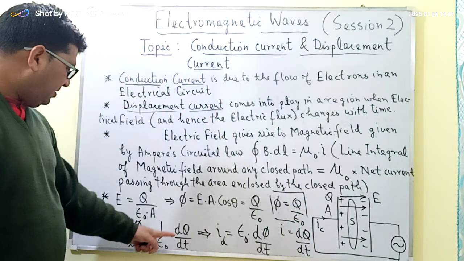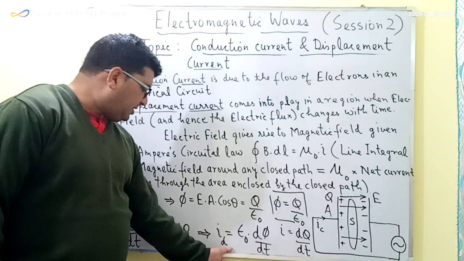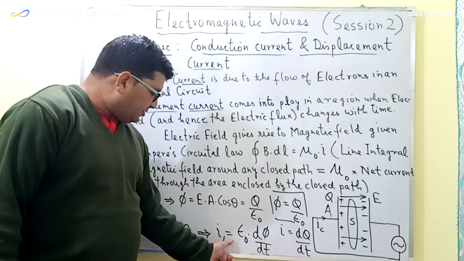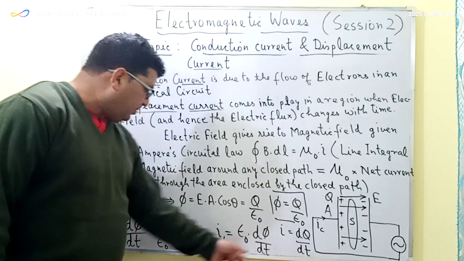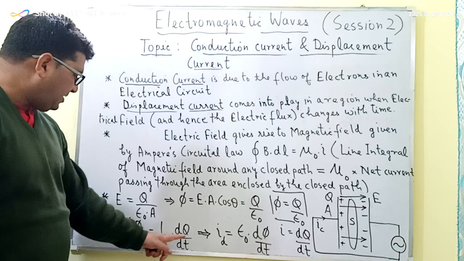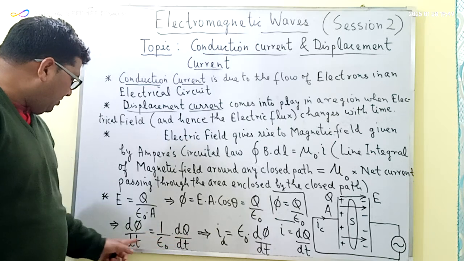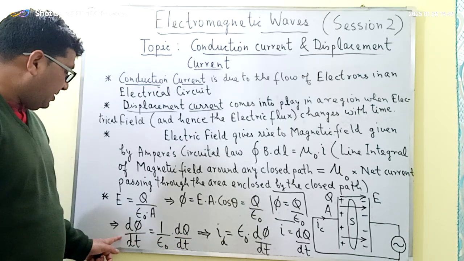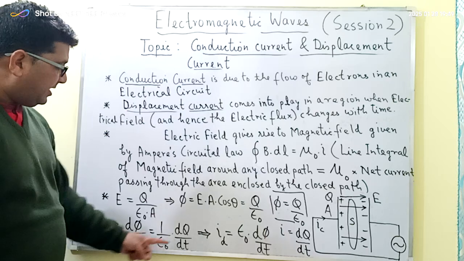From here, this dq upon dt is the current, and this current is called the displacement current. So displacement current is equal to epsilon naught into d phi upon dt from this equation. This is ID. So ID will be equal to epsilon naught into d phi upon dt.